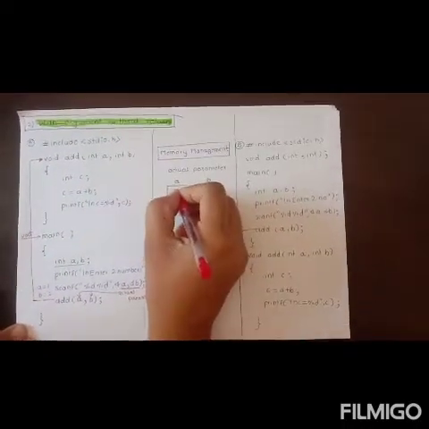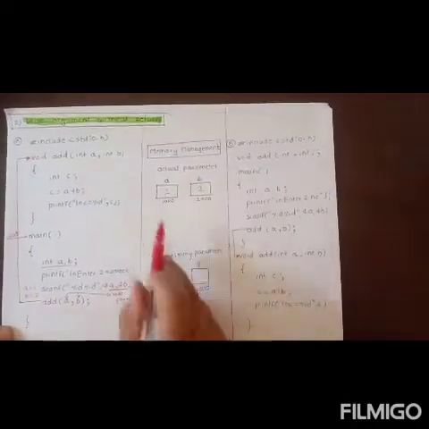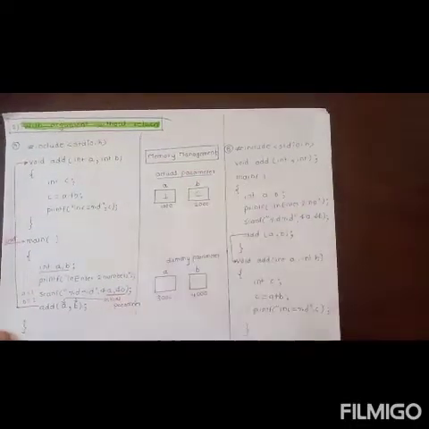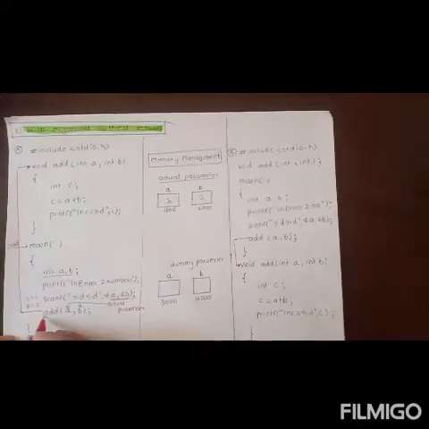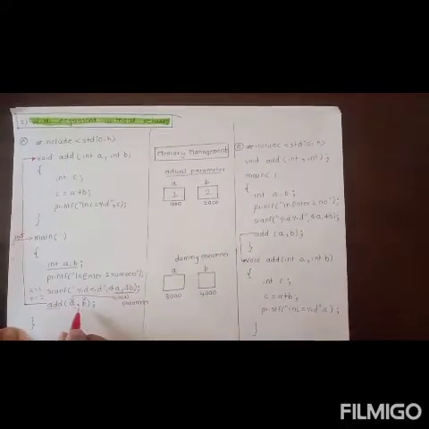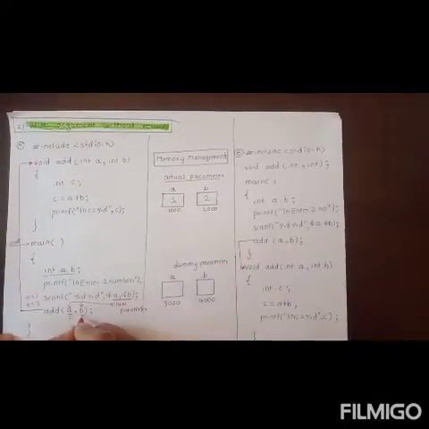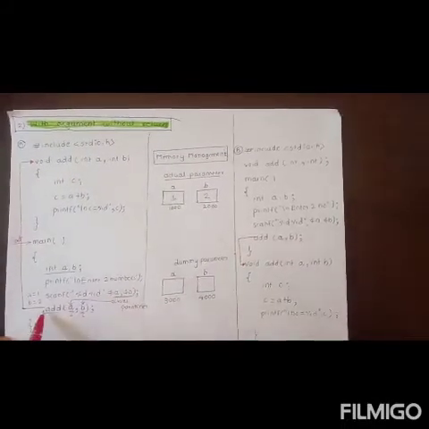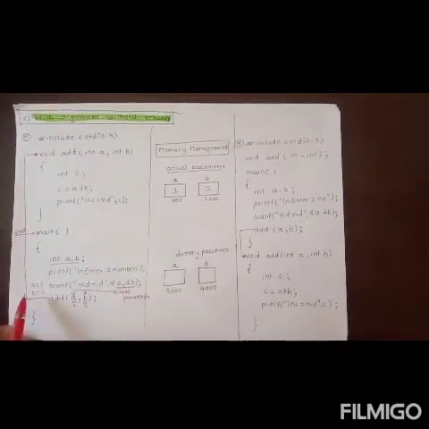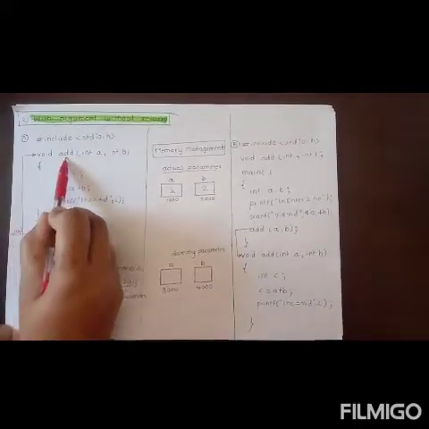So for this, in a memory cell, I initialize the actual parameters with 1 and 2. Now with this function call, I'll send the values of a and b, that is 1 and 2. So whenever we detect the function call, control is handed over to the called function add.